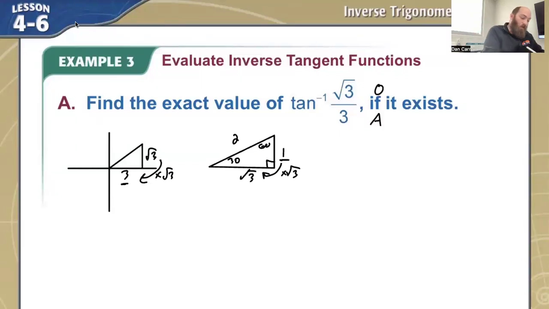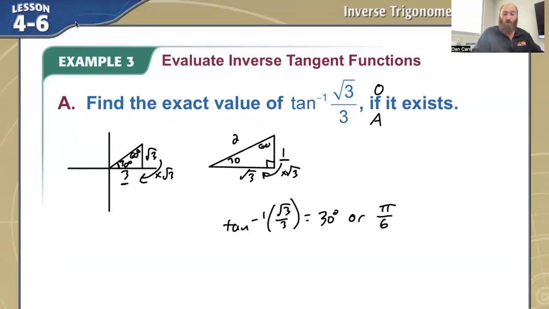So that's in the same order. That makes this 60 and this is 30 degrees. I'm looking at that pattern of my special right triangle, and that's going to help me figure this out. So that means 30 degrees is my reference angle there. So the inverse tangent of root 3 over 3 is equal to 30 degrees, or pi over 6 radians.